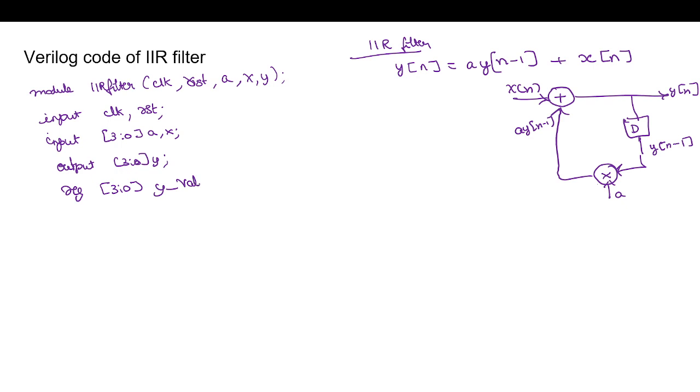Y value, then the multiplier output, so Booth product term, and then instantiating the Booth multiplier.